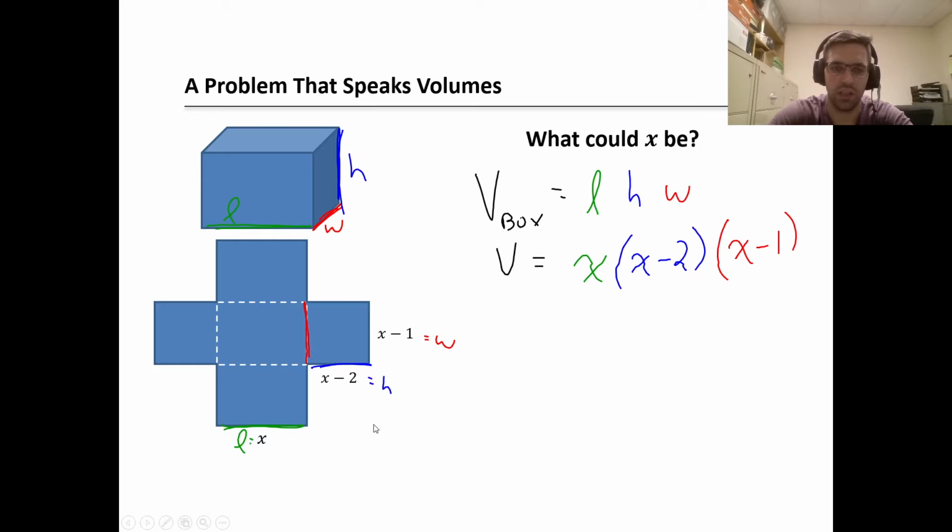Well, x has to at least be greater than 0 for the length, but for the width, x has to be greater than 1, because you can't subtract 1 from a number smaller than 1 and still have some kind of measurement length. Doesn't make sense. But for the height, x has to be greater than 2 for this x minus 2 to make sense in terms of some kind of length. So we say x has to be greater than 2. This is the most restrictive piece of each of our x's.